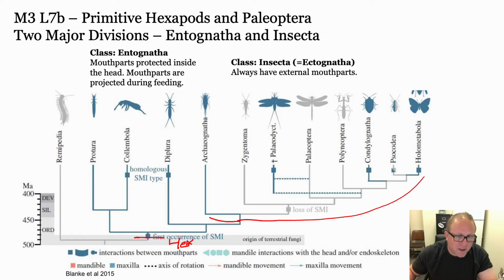And it's all about the mouth parts, the Ectognatha, mouth parts outside of the head, really. A lot more variation can happen. It allowed for a diversity of mouth parts, just a wonderful opportunity for insects to evolve and change and grow. So we have class Entognatha and class Insecta, which is kind of the Ectognatha.